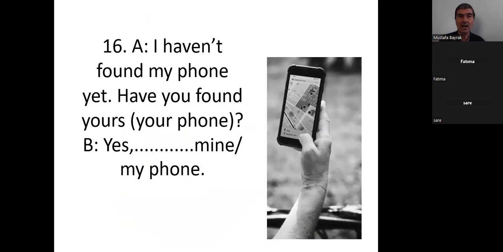Dialogue 16a. I haven't found my phone yet. Find, found. Second and third are the same. I haven't found my phone yet. Have you found yours? Yes, I've found mine. Or yes, I've just found mine, or my phone.